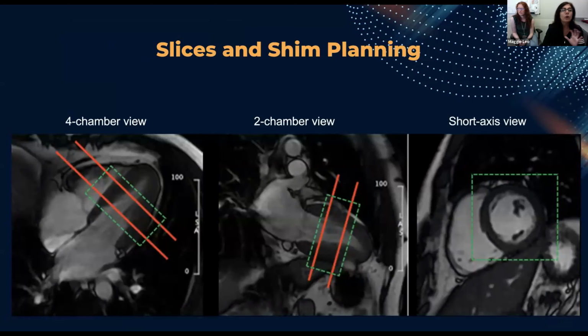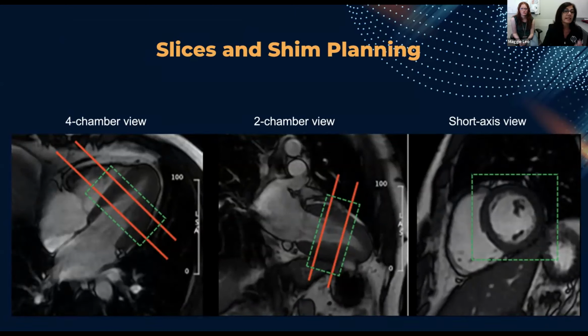Now, in all OS scanning, a baseline or scout is very important, and that consists of about a 10-second breath hold, which is captured in a comfortable expiration breath hold. So the first slice, how do we plan them?